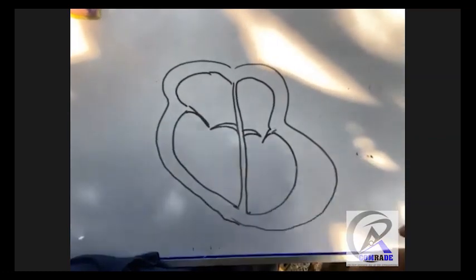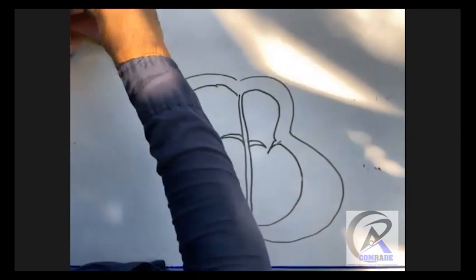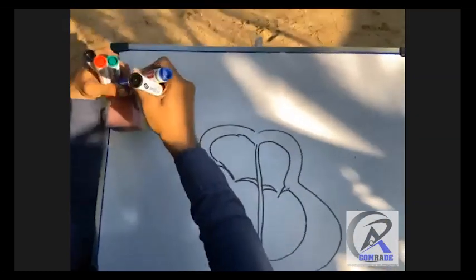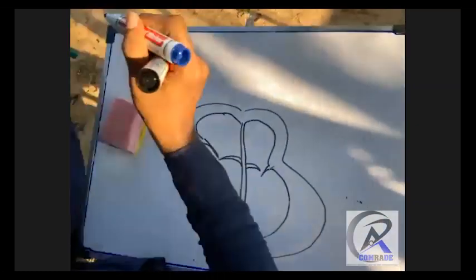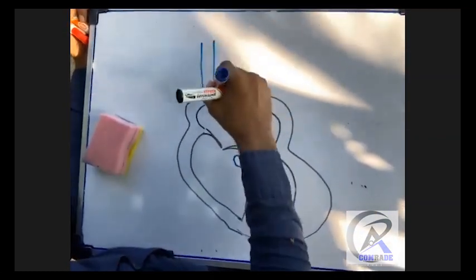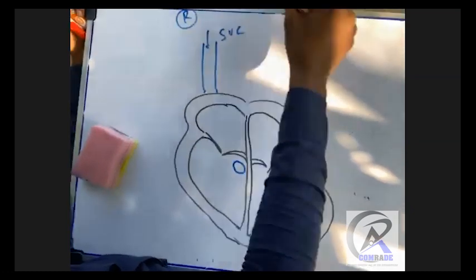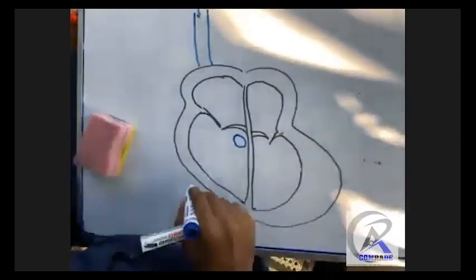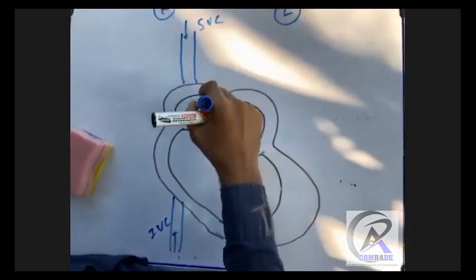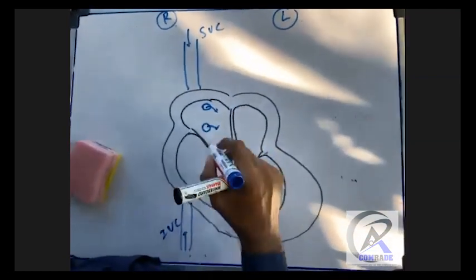Okay. This side is very thick, right? And as you see, right side, left side, SVC, IVC, inferior vena cava, superior vena cava, enter from this place, enter from this place, blood flows, comes inside this, right?